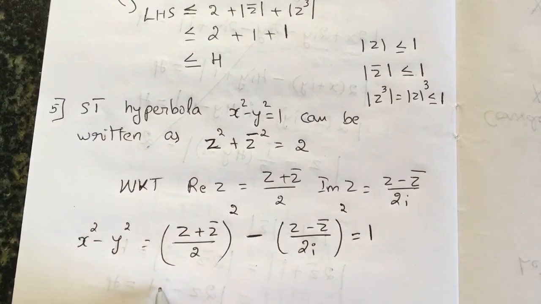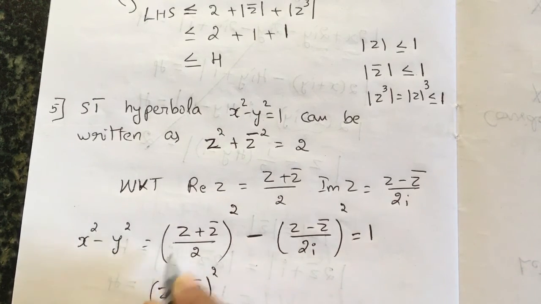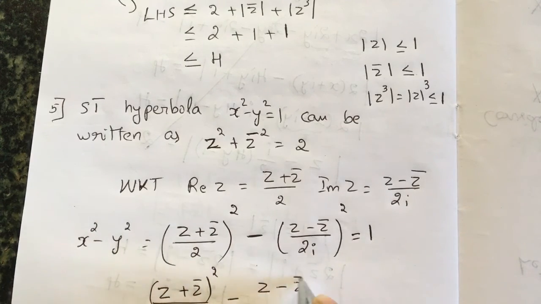Now this is z plus z bar square divided by 4 minus z minus z bar square divided by 4 i square, so i square is minus 1, so this will be plus.